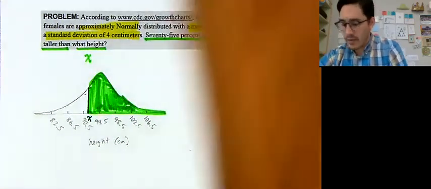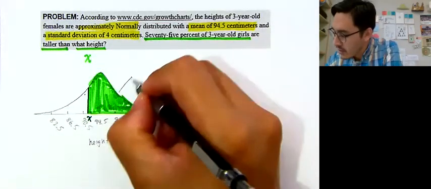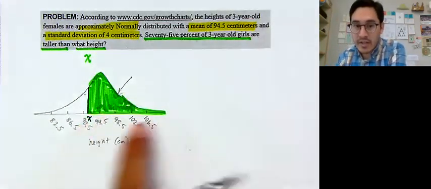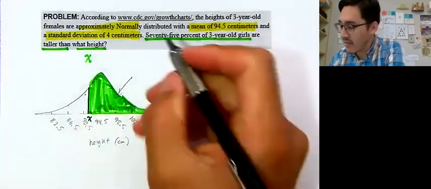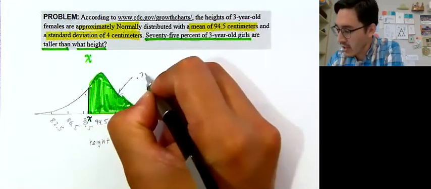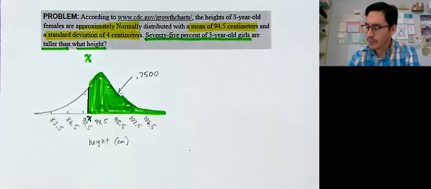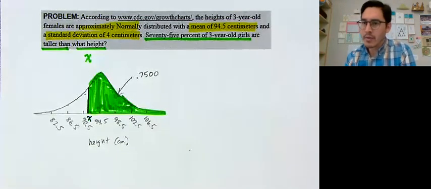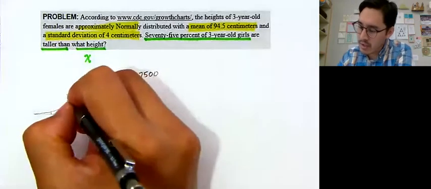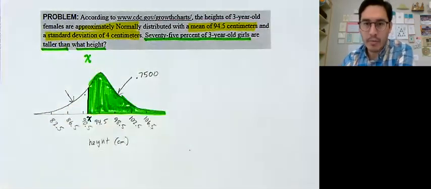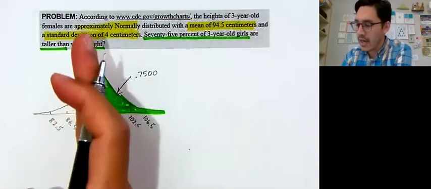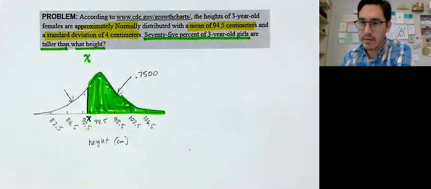So we know the percentage that's taller than this mystery height X is 75%. So that's 0.7500. I'm going to write it as a proportion. Okay, so then could you tell me the percentage of girls whose heights are less than this mystery height?